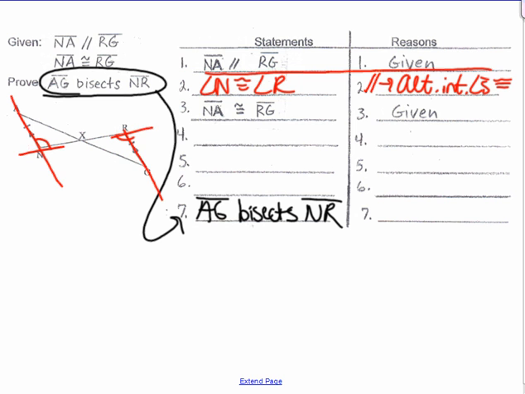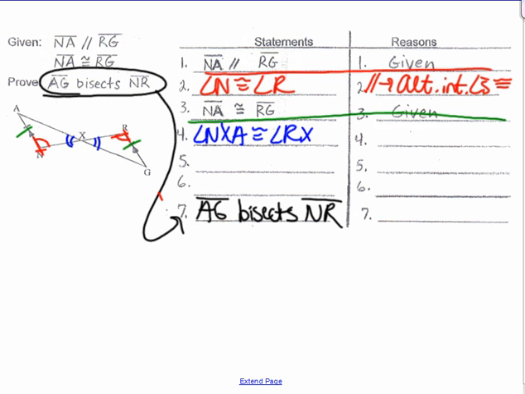So if I erase my markings here, besides the marking that they're congruent, then I move on to green. So NA is congruent to RG, so congruent parts, sweet. Now I move on to blue. Well, I see the X. So I'm going to name those congruent. So angle NXA is congruent to angle RXG by vertical angle theorem.